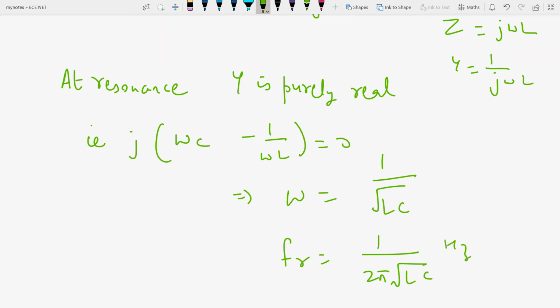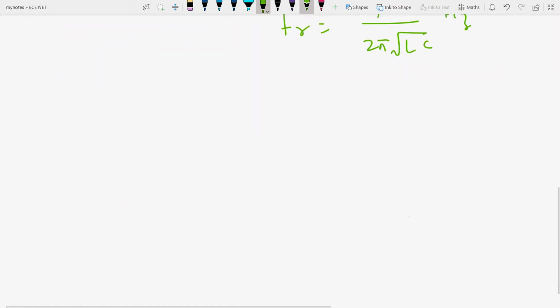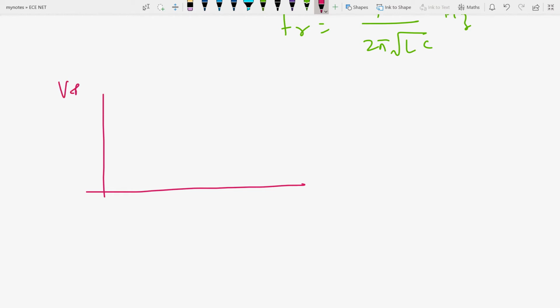Now when you draw the graph related to it, this is V and I. It starts from 0, goes towards the peak and then falls downwards. This peak is referred to as V max, and at this point it will be known as 0.707 V max.